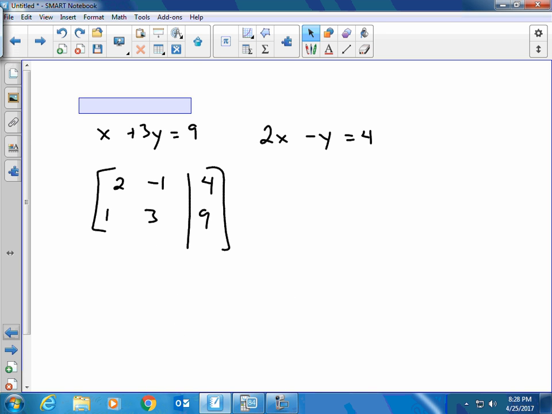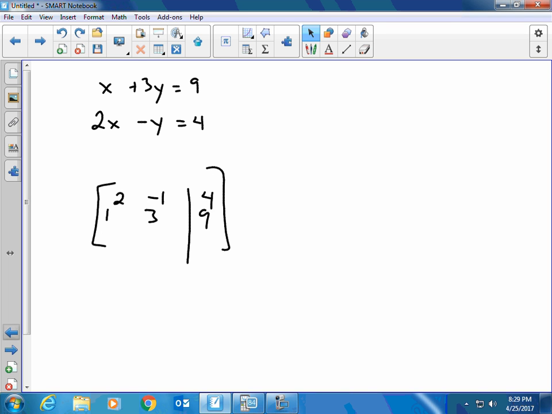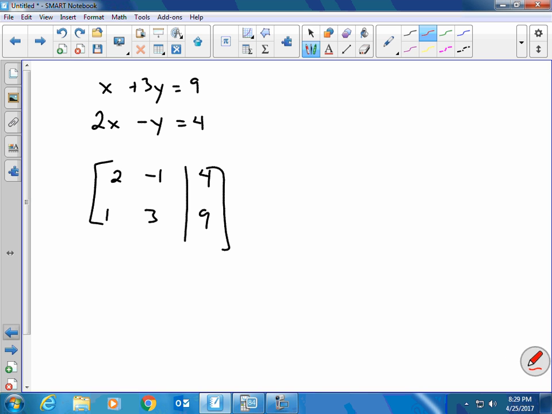Is there any reason why I couldn't put the second equation in the first position and the first equation in the second position? Meaning, can't I rewrite it and put the 1, 3, 9 on top and the 2, -1, 4 below?